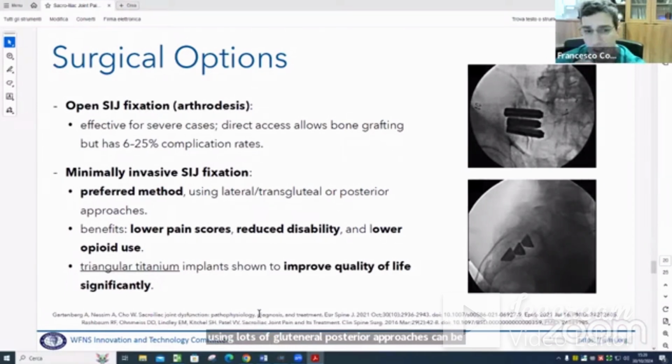Obviously, the benefit is lower pain scores, reduced disability, and reduced use of opioid drugs. The triangular titanium implants have improved the quality of life because it's correlated with a reduced risk according to the shape of these devices.